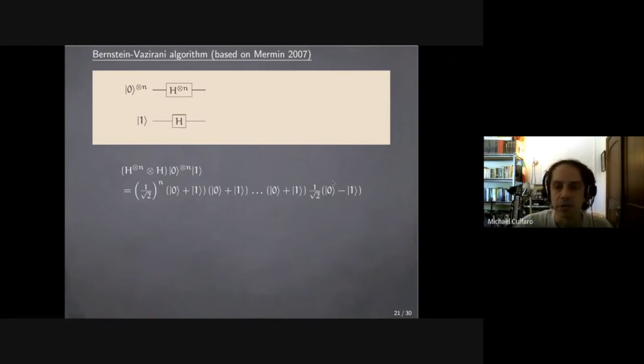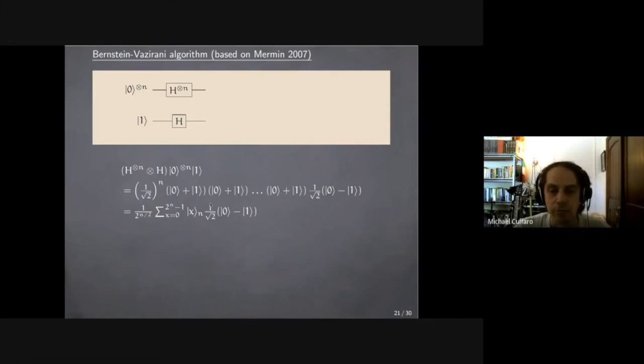Well, this one goes to (0 minus 1) over root 2. And we can compactly express that in this way. If you take this large multiplication, what you're going to get is 0,0,0,0 plus 0,0,0,1 plus 0,0,1,0 plus 0,0,1,1, and so on. You're going to get the linear combination of all of the possible values of an n-bit string. That's what this is.